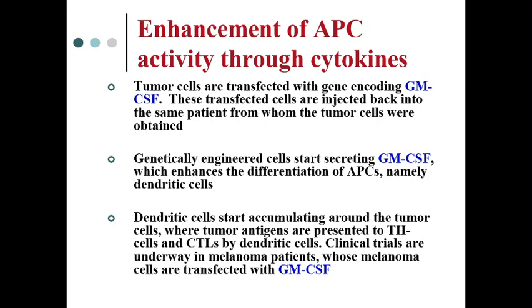Now here another approach will be to make the tumor cells antigen presenting cells by making them express the cytokines that are responsible for enhancing immune cell growth. One of the approaches is by transfecting the tumor cell with GM-CSF.